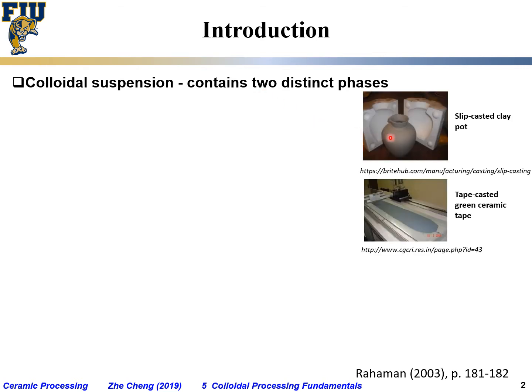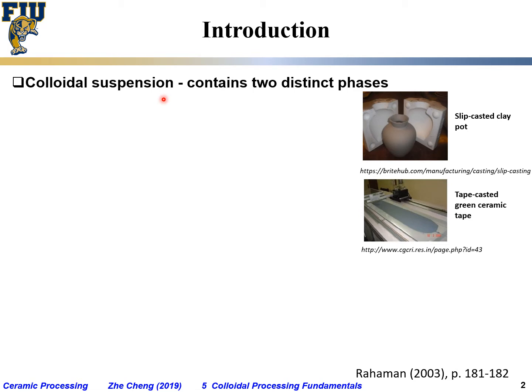As I show here, to get something like this, a porcelain jar, or if you do tape casting, to get these types of complex shape, or a thin layer, you have to go through a suspension, a slurry, and pour them into a mold using the so-called slip casting method, or cast them onto a carrier film, tape casting. For these, we have to use so-called colloidal suspension.